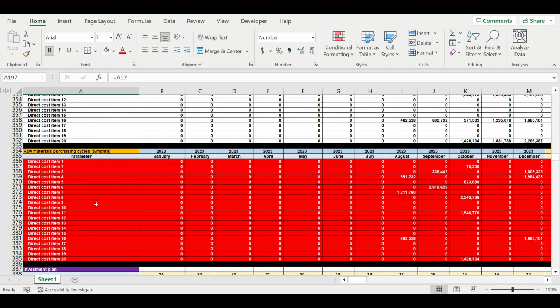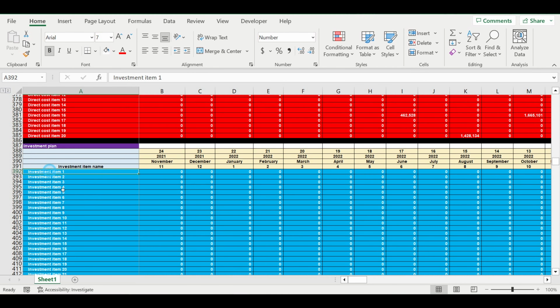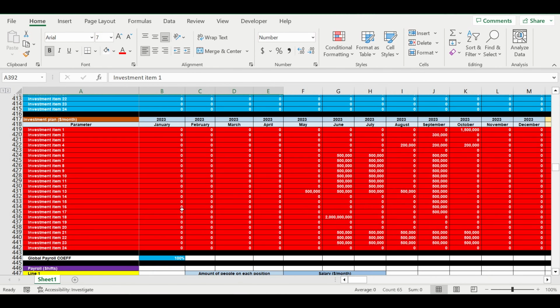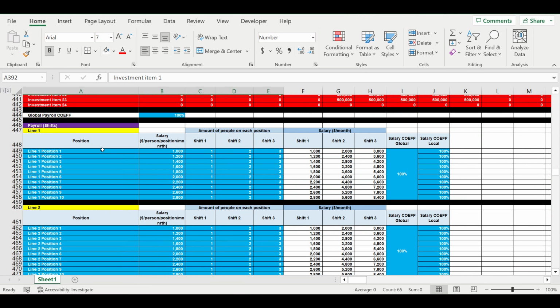Then we move to the investment plan modeling. Then we start working with the payroll for line number 1 and line number 2.